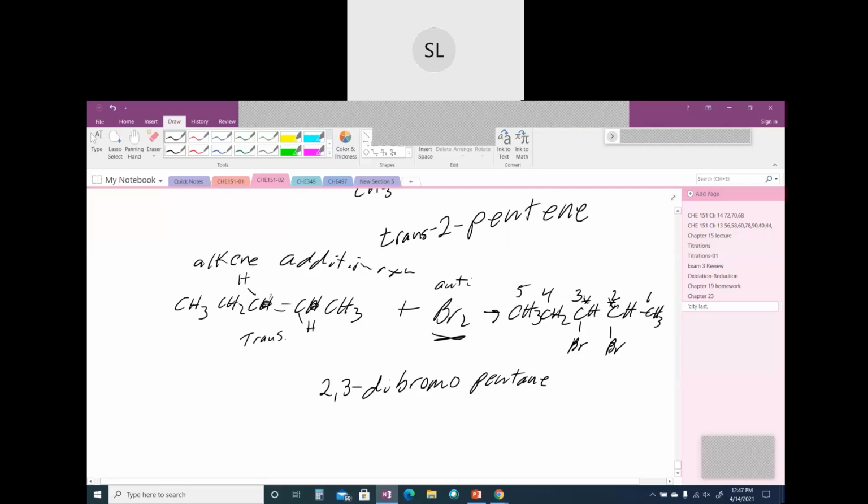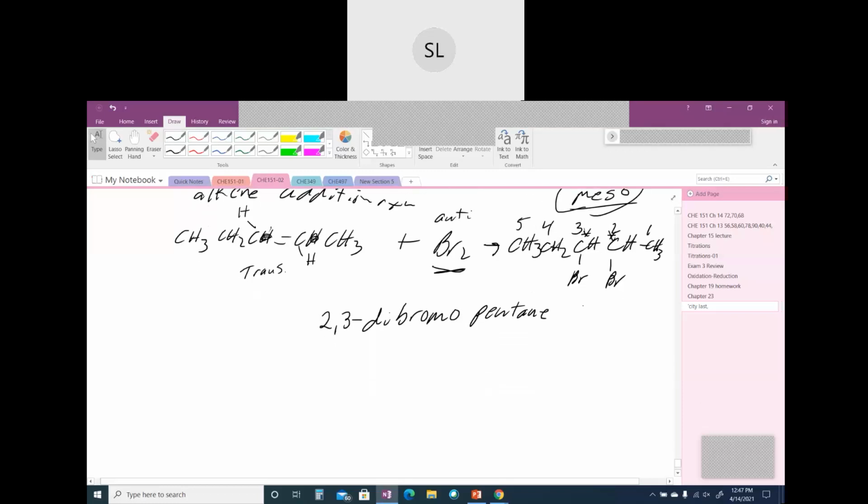When you have a trans and an anti, you're going to get a meso compound, but it's not going to be exactly symmetrical. One's going to be R and the other's going to be S. Anyway, that's your fun for organic. It has to have a mechanism, and you will see that it's going to be an anti-addition, and anti and trans will lead to a meso compound, but in this case, it's not symmetrical. All right, you can disregard all of that talk.